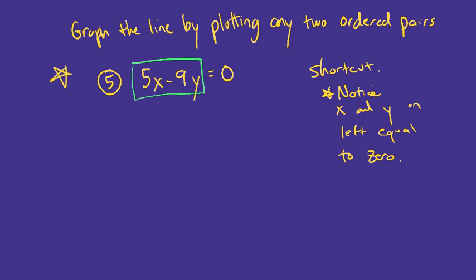What this means is that one of the ordered pairs is going to be 0, 0. So you can just automatically enter that in. We're not going to do x and y intercepts on this one.